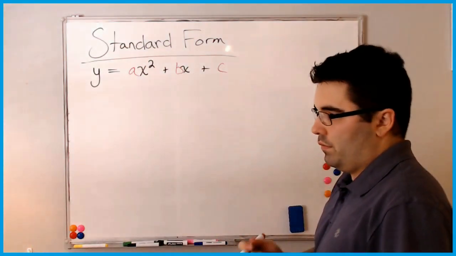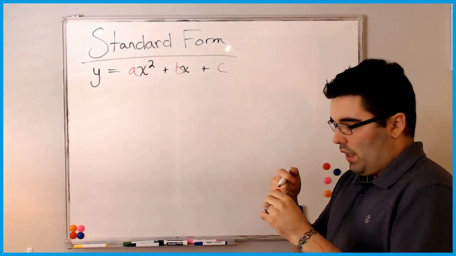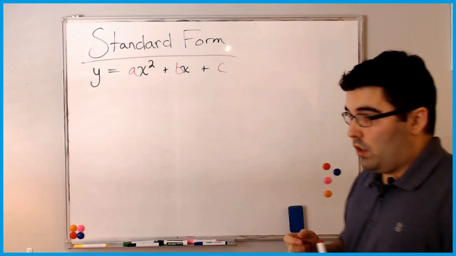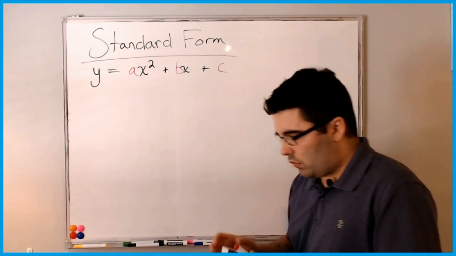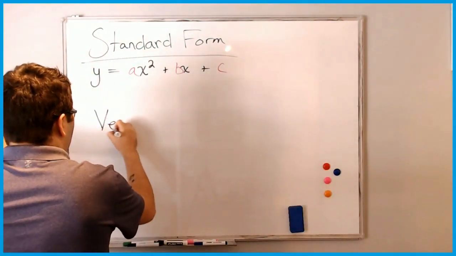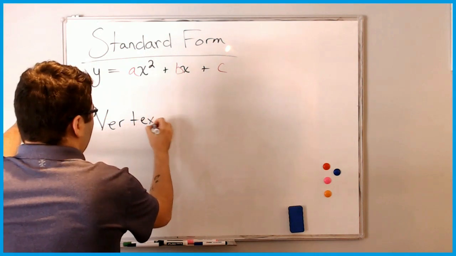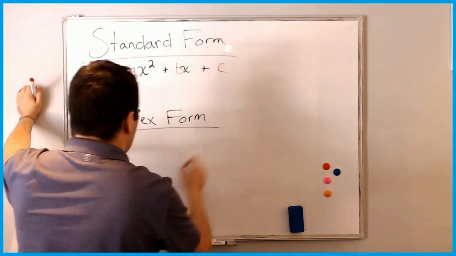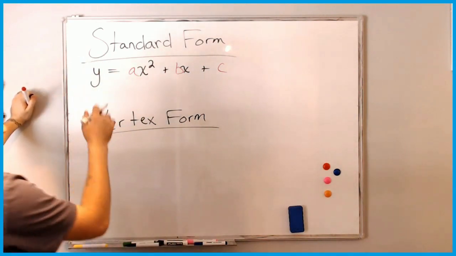And that's really important because that a, b, and c winds up being information that we can use. That's standard form. And then there's also vertex form, which introduces two new variables just so you don't get confused with what's going on up there.